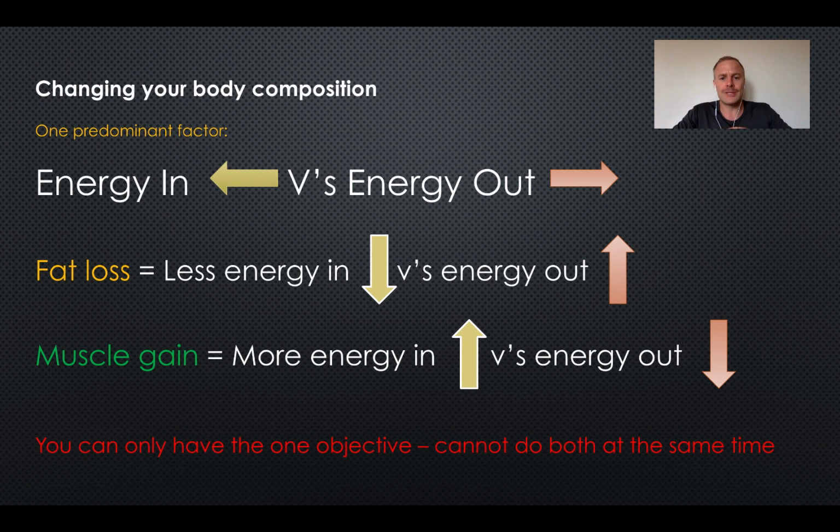Now, it is important to understand here that you can only have one objective. You cannot do both at the same time. In other words, you can't say, I want to lose fat and I want to gain muscle, because you're pulling in two opposite directions. You can lose fat and maintain muscle, which gives the appearance of building size because you reduce the fat tissue on the outside and get more shape and tone.